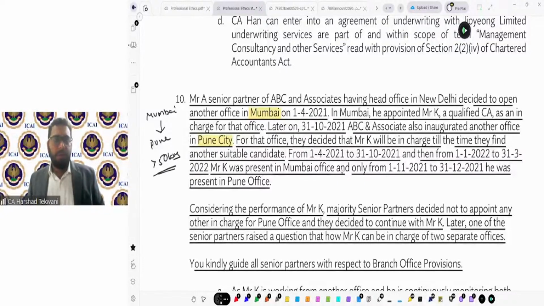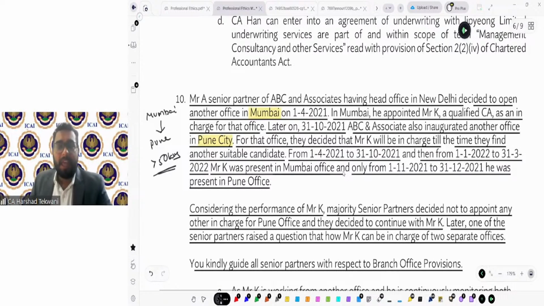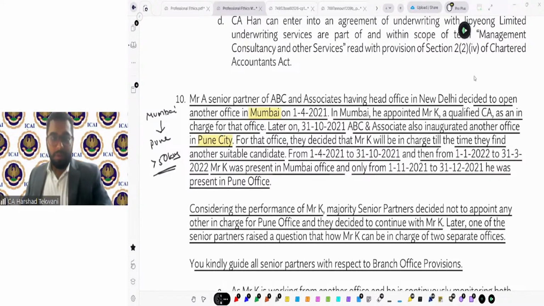Assume that. So this is a scenario. Now you tell me whether Mr. K can be appointed in charge for these two offices or not?